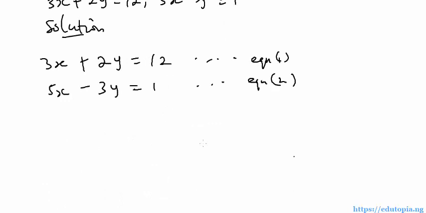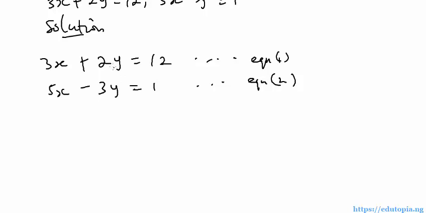So here we'll try to make the coefficients the same. Now what we do is this: you can look at this equation, you see 2y and you see minus 3y, and you see 3x and 5x. Now you can start off with either.